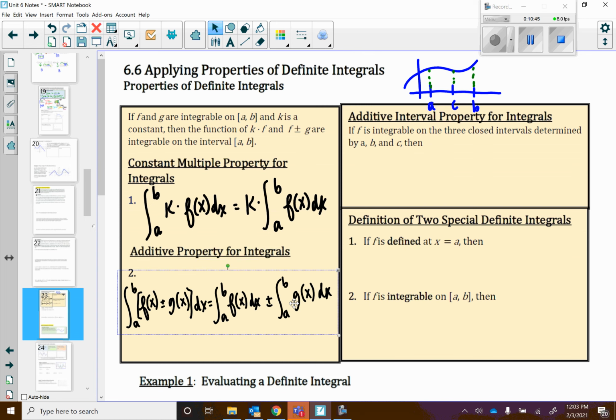Now is the one that I wanted to show the picture for, and it's the additive interval property for integrals. That's a lot of words.